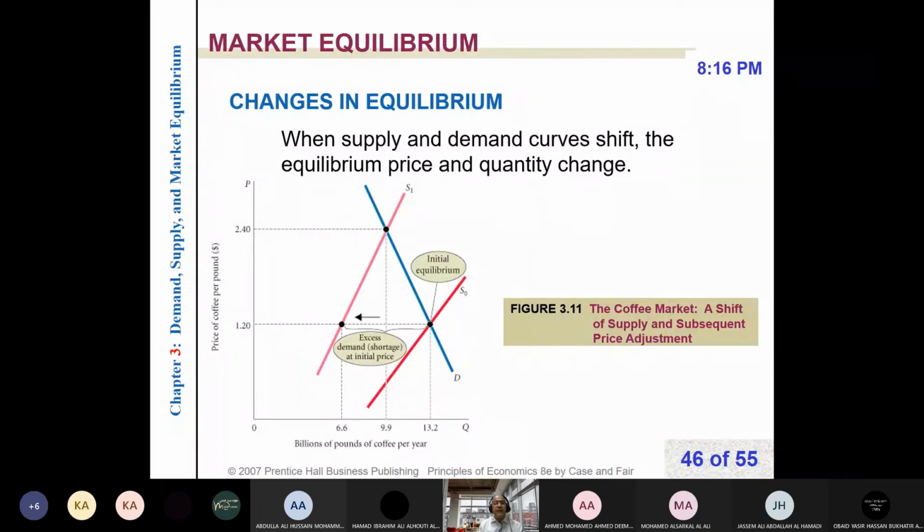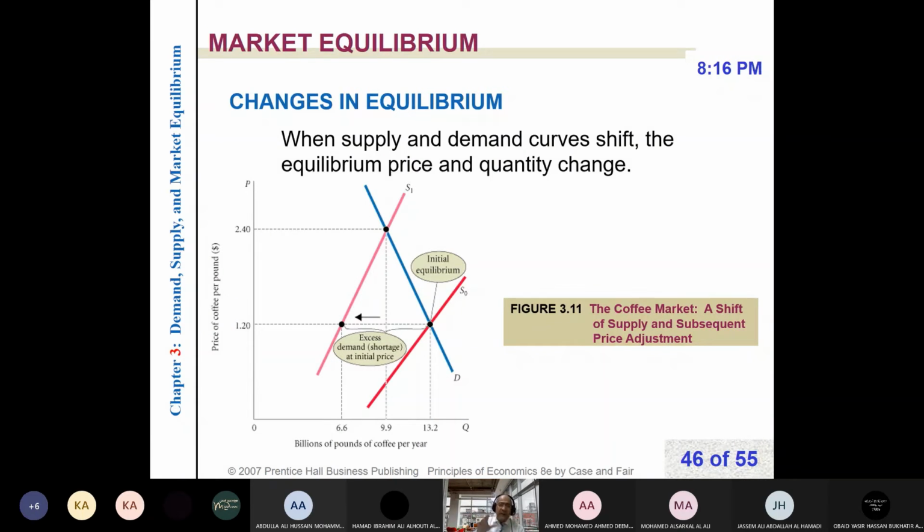Okay, so now let me formulate a new question. Rents increase. What will be the effect on the equilibrium price and the quantity of tomatoes? Again, assume the market was at equilibrium and suddenly the rents increased. What will happen to the equilibrium price and equilibrium quantity? Now I will answer.